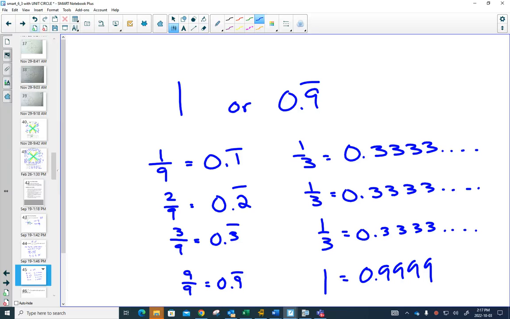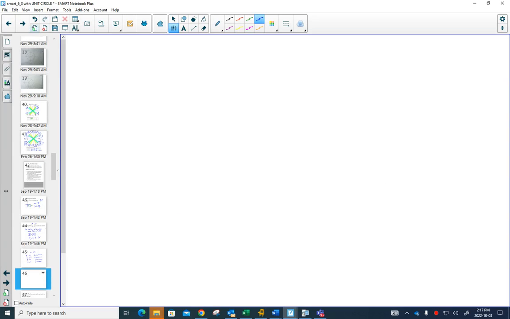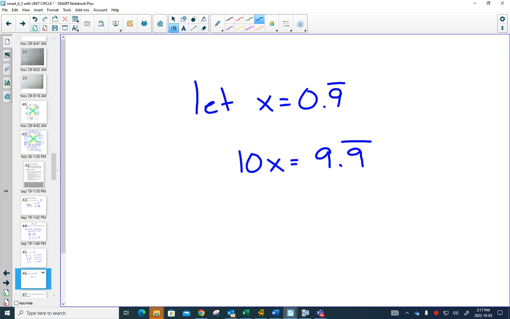Okay? And the last explanation. We're going to say x is 0.9 repeated. If x is 0.9 repeated and you multiplied something by 10, it would just move the decimal place over. Would you agree then that 10 x's would be 9.9 repeated?